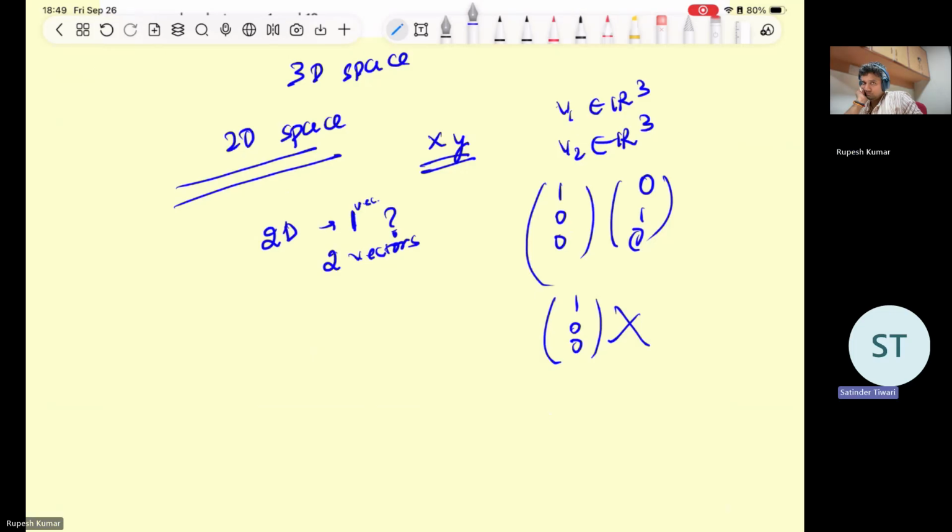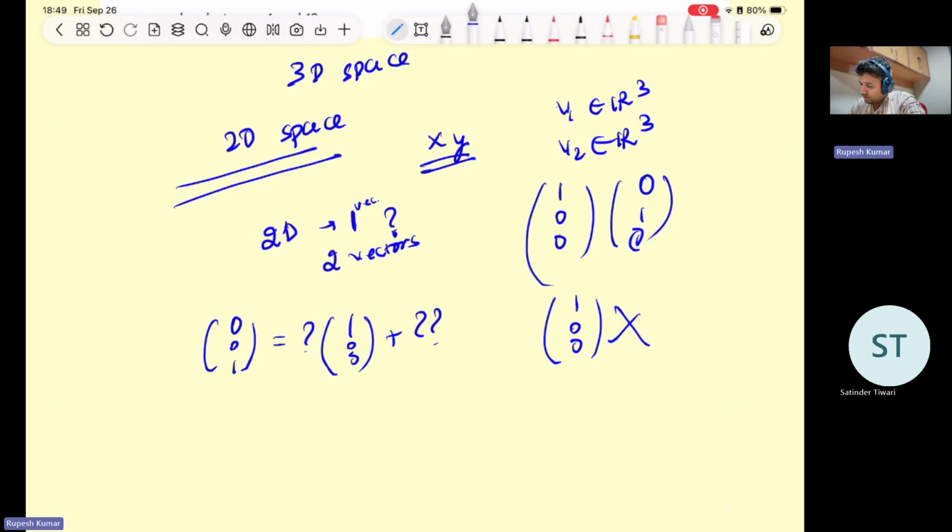Two linearly independent vectors, we can't reach three dimensional space. Let's say I want to reach the vector 0, 0, 1. What linear combination of these two will give us 0, 0, 1?